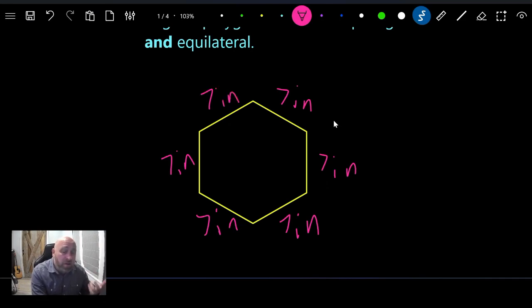As soon as we know that all the sides are 7 inches, then we will know by default that, for example, these angles right here that connect these two sides have to be equal, because all of the sides are equal. And you can go around the whole shape and do that. I think we've already done that before. So we could say that's equal and that's equal. They're all equal to each other, okay.